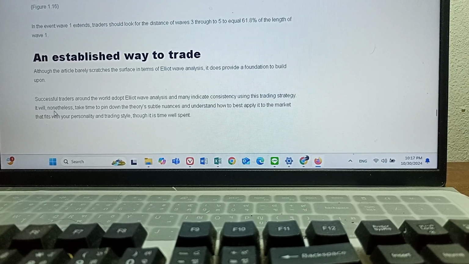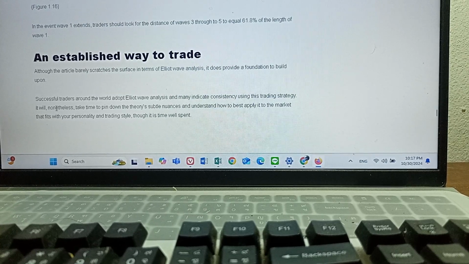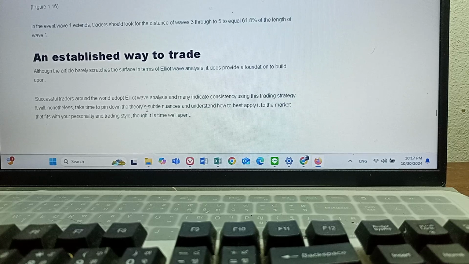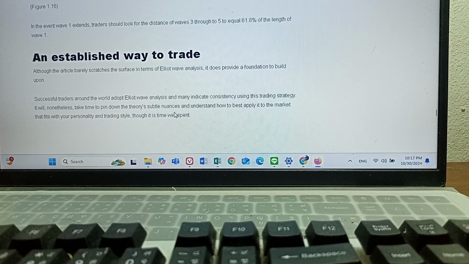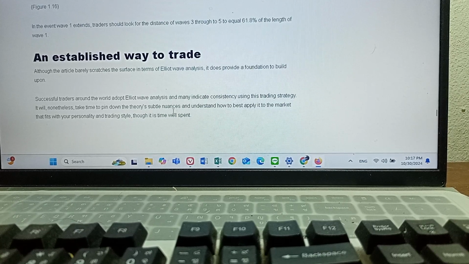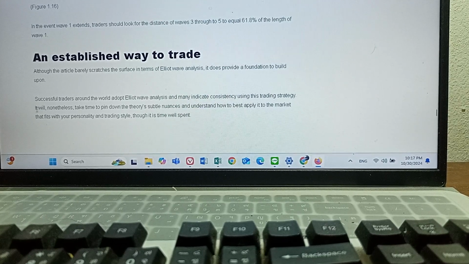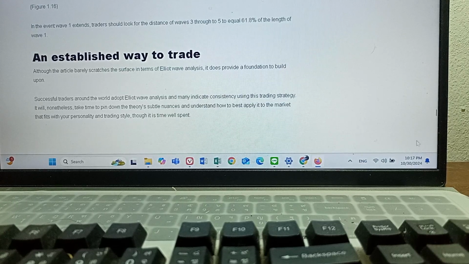It will nonetheless take time to pin down the theory's subtle nuances and understand how to best apply it to the market that fits with your personality and trading style, though it's time well spent.